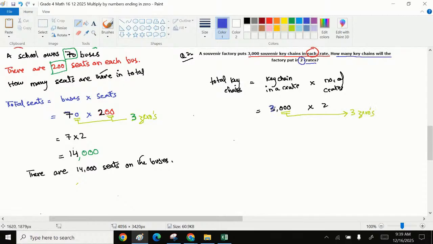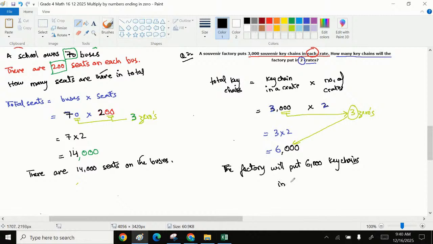That would mean 3 times 2. 3 times 2 is 6. And we add the 3 zeros over here. That means the total is 6,000. And we write the answer as the factory will put 6,000 keychains in 2 crates.